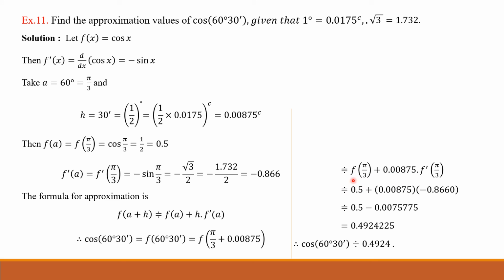The value of f of pi by 3 is 0.5, and the value of f dash of pi by 3 is minus 0.866. The multiplication is 0.0075775. Subtracting, we get 0.4924225. Hence the approximation value of cos of 60 degrees 30 minutes is equal to 0.4924.